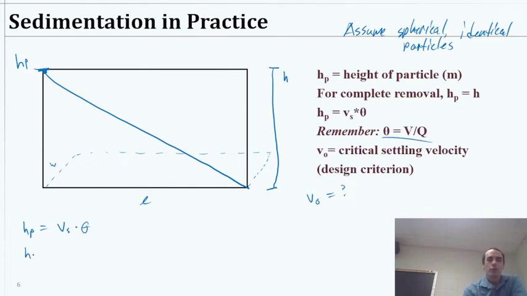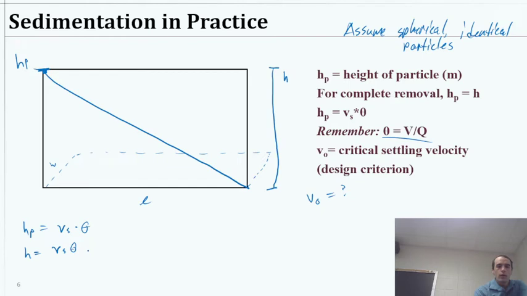So we're going to rewrite that and just say the height is equal to Vs times theta. This is a settling velocity. I'm going to try to do a squigglier lowercase v for the velocity terms, and we're going to have uppercase V for volume here. So I'll try to keep that separate for you.